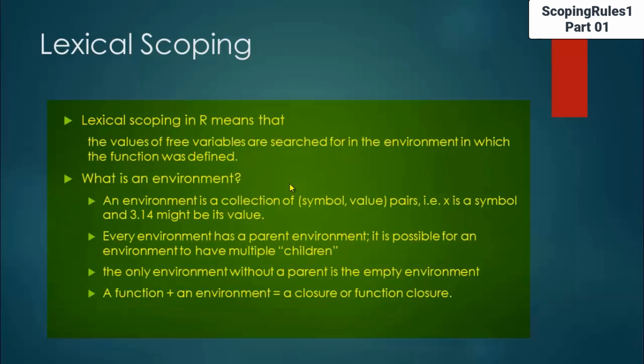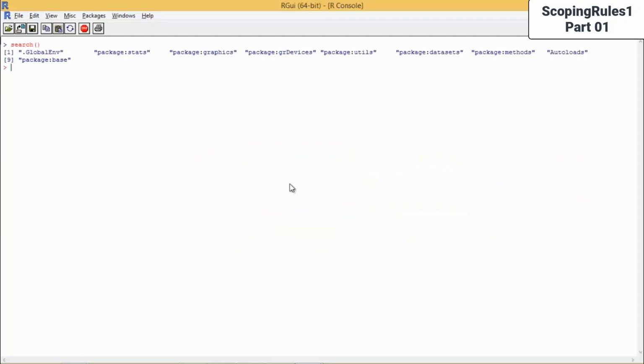Lexical scoping in R means that the values of free variables are searched for in the environment in which the function was defined. Let's see an example. Let's say I'm defining a variable called z equal to 5. It's done.